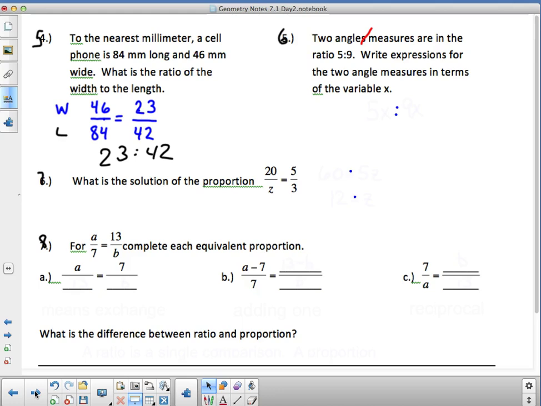Write expressions for the two angle measures in terms of the variable x. I just want you to go 5x to 9x, in terms of the measure x. I've just introduced that into the problem. Now, a lot of times the difficulty isn't about the math, it's about what's being asked and understanding that. So please reread that question right now. And after you're done, go ahead and answer 7 if you haven't had time already.